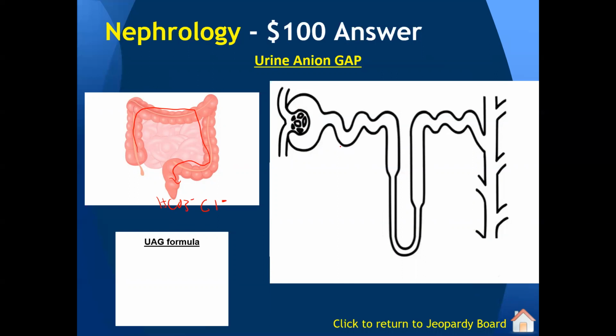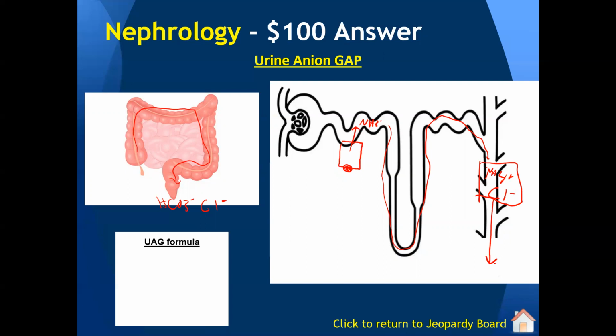So in patients that have the GI losses, the systemic metabolic acidosis that is caused from diarrhea and the loss of bicarb is taken up by a sensor in your proximal tubular cells, and that sensor secretes NH3. The NH3 travels all the way down, combines with the hydrogen ions, so that acts as a buffer, and then turns to NH4+. And that NH4+ then binds to chloride, and that NH4+ and chloride combo is then secreted.